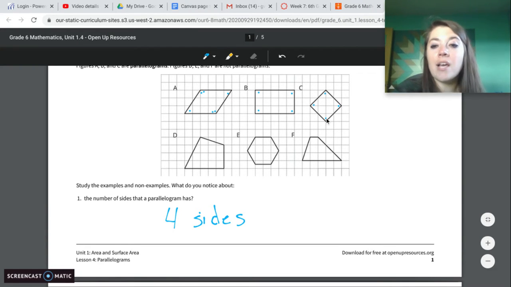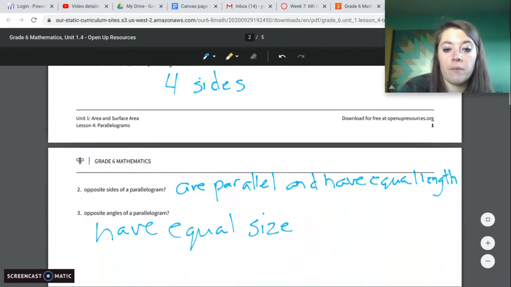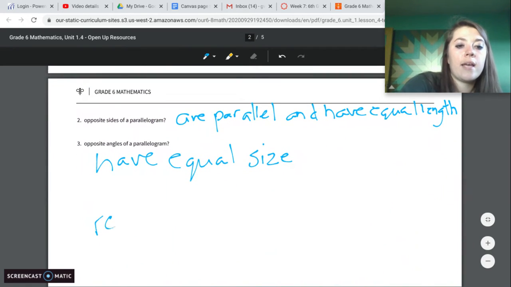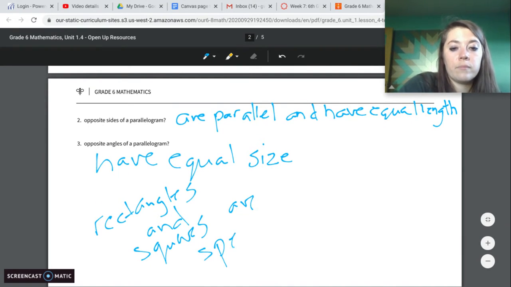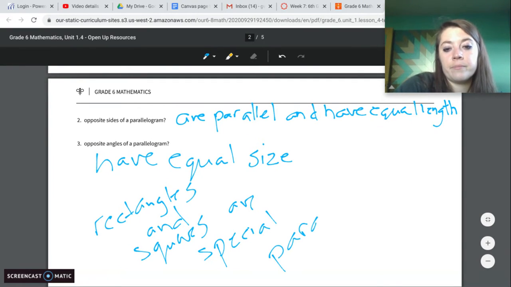So rectangles and squares, I'm going to write this down. Rectangles and squares are special parallelograms.